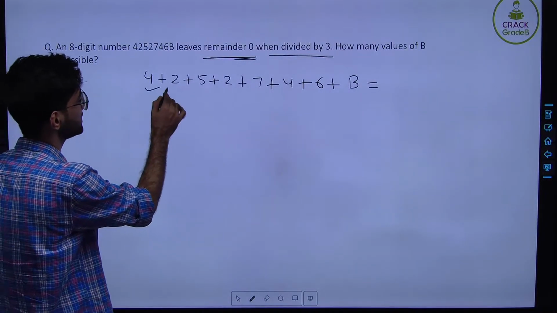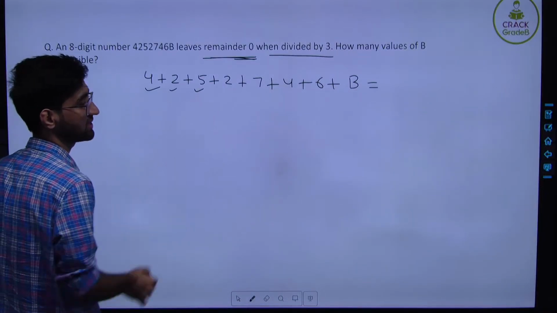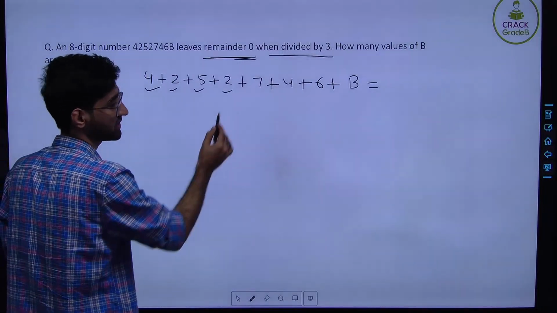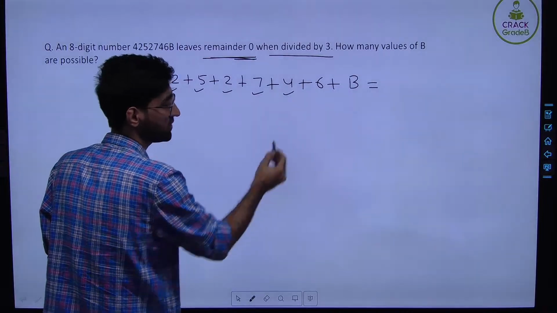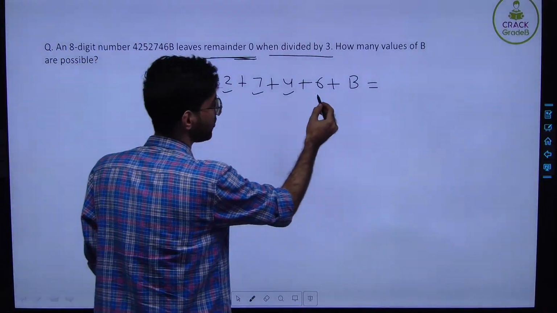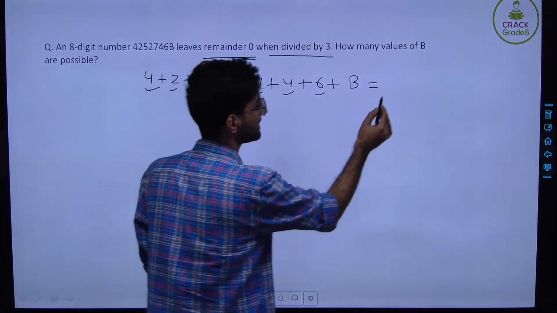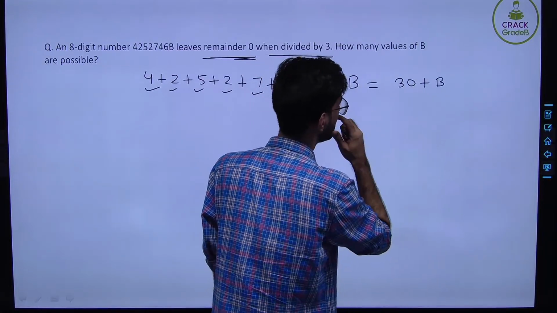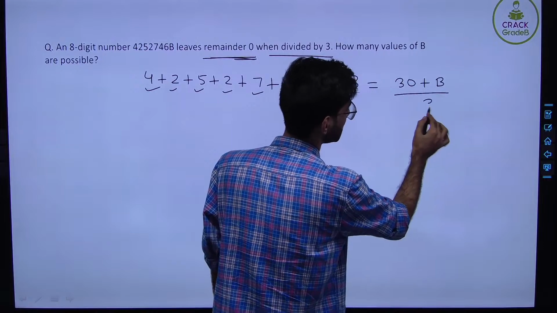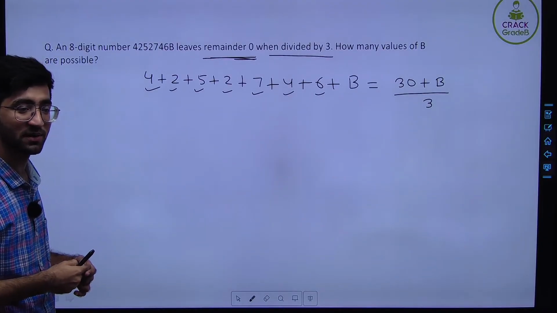So 4, 2 is 6, 6, 5 is 11, 11, 2 is 13, 13, 7 is 20, 20 plus 4 is 24, 24 plus 6 is 30. So obviously 30 plus b, and we know that this number is divisible by 3.